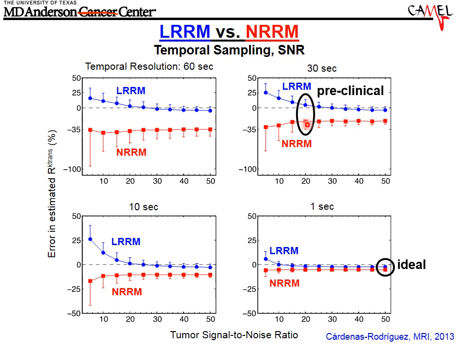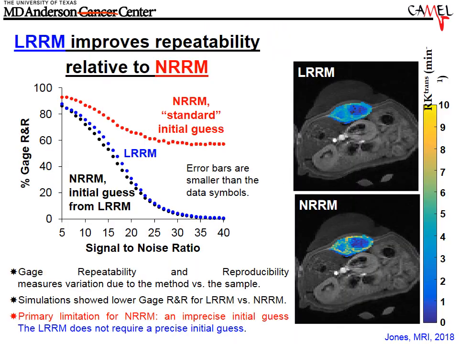The nonlinear reference region model underestimates the kinetic transport rate. And then in the clinic, again, the linear reference region model is better than the nonlinear reference region model. We also looked at precision. Really, it's the initial guess to these iterative nonlinear fitting methods that is causing a major problem.